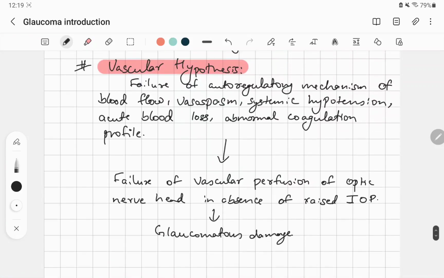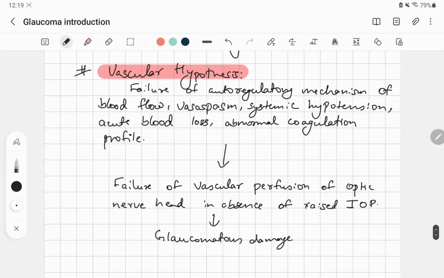Now let's move on to the vascular hypothesis. What does the vascular hypothesis say exactly? It says that there is failure of the autoregulatory mechanism of the blood flow. We have studied in CVS that there is a regulatory mechanism of the blood flow.